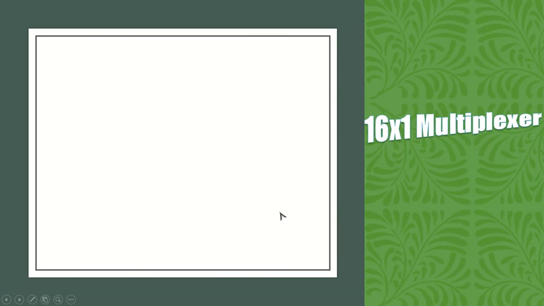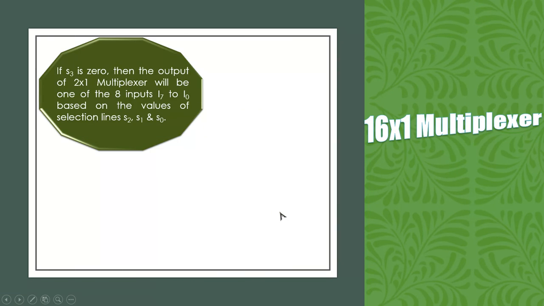Yes, and then the 16 into 1 multiplexer is easier to form. If S3 is 0, then the output of the 2 into 1 multiplexer will be one of the 8 inputs I7 to I0 based on the values of the selection lines S2, S1 and S0.